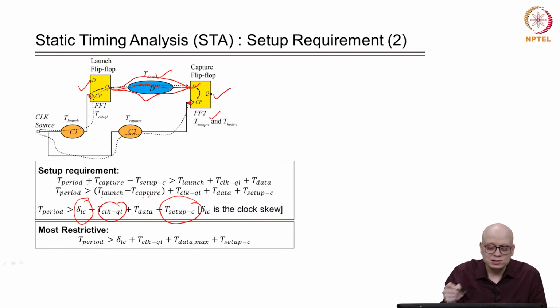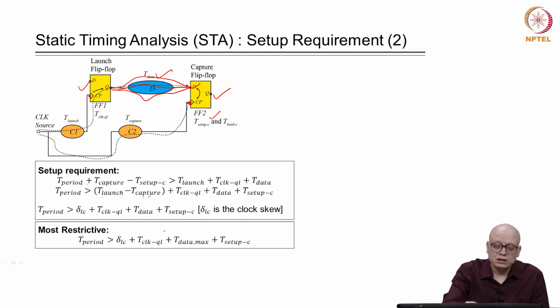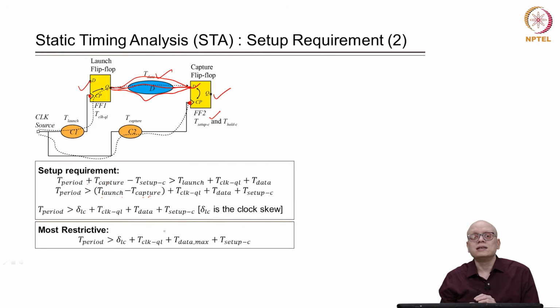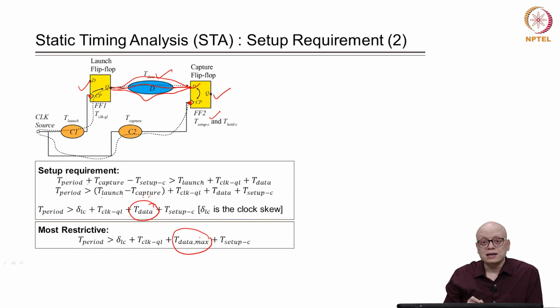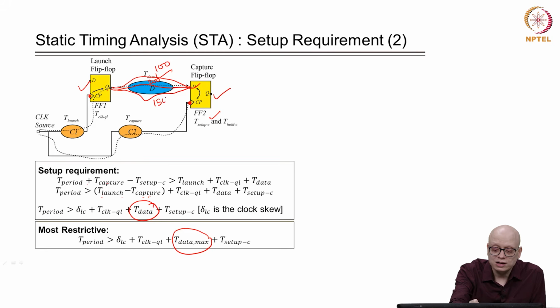Now, this constraint should be valid in a circuit for the worst case scenario, and therefore we should consider this data to be the max, right. Suppose there were 3 paths, one having a delay of 100, another say 200, and the third 150.